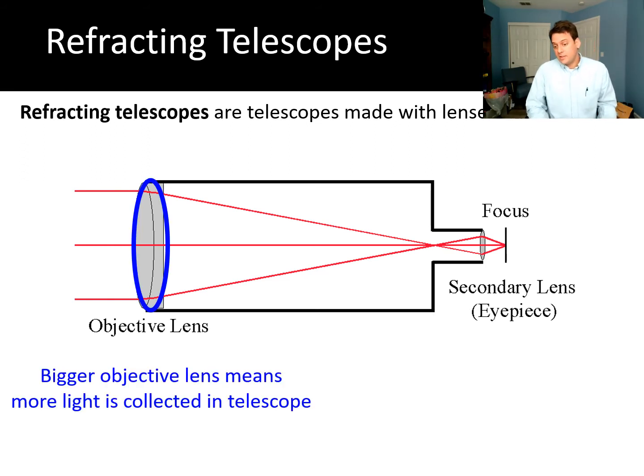So as we mentioned in the context of the pupil and the aperture, the aperture again is the name for the opening through which light is collected, and a bigger aperture, a bigger objective lens, means more light is collected. There's no magic to it. There's some light coming from these objects, and the bigger the aperture is, the more light you can collect.